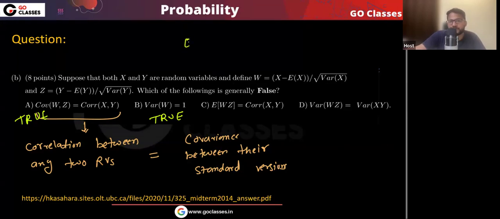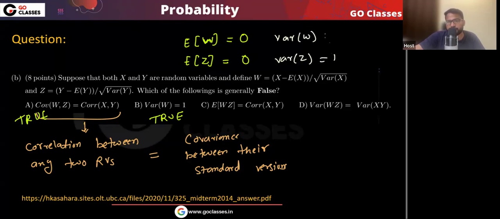See, what is the expectation of W and what is the expectation of Z? Tell me quickly, these are 0, right? Because they're standard random variables. So the expectation is 0 and the variance of W and variance of Z is 1.